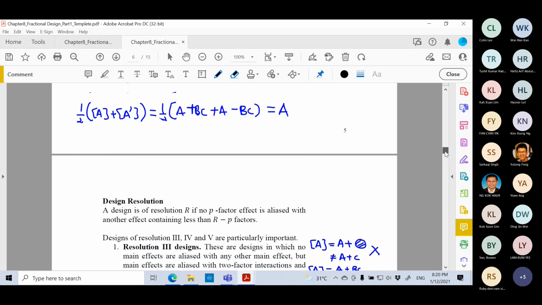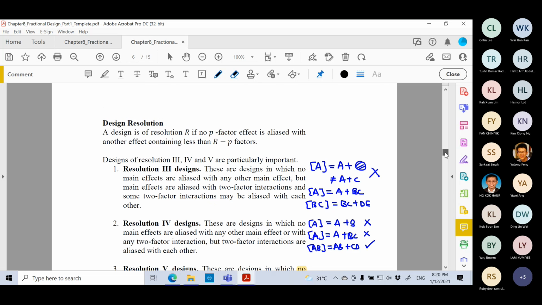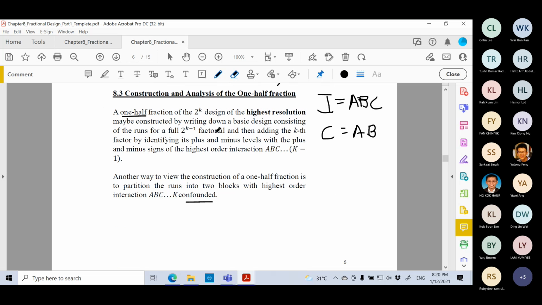As I mentioned to you, I have shown you the example here, where you use the confounding idea to define blocks. One block has a positive sign, another block has a negative sign. So this is what they say if you have a general case.